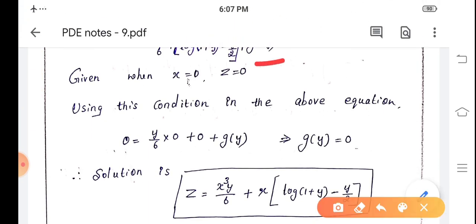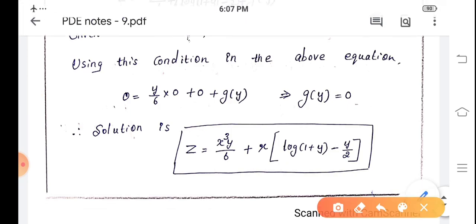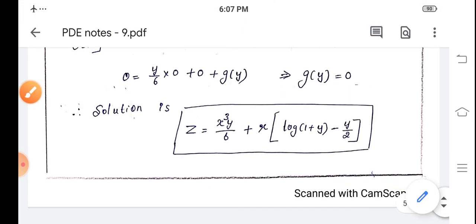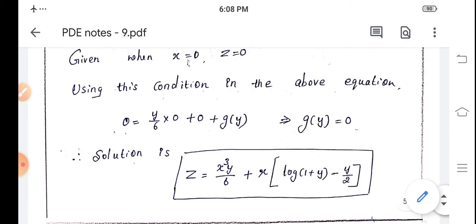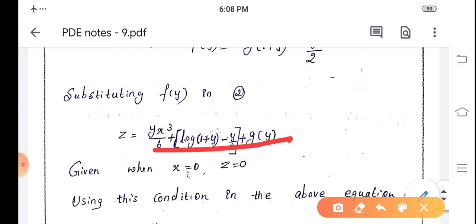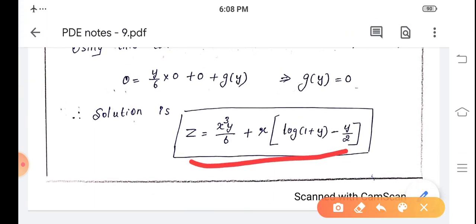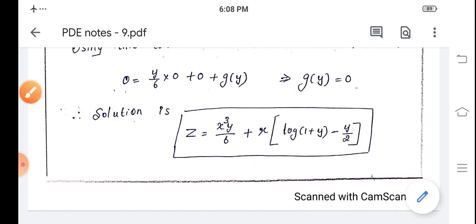So we are getting g of y equal to 0. Now after getting f of y and g of y, we substitute here. Now we are getting z is equal to y x cube by 6 plus x into log of 1 plus y minus y by 2. This is the solution of the partial differential equation.